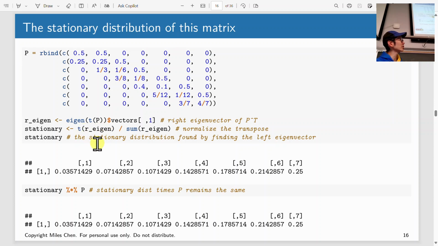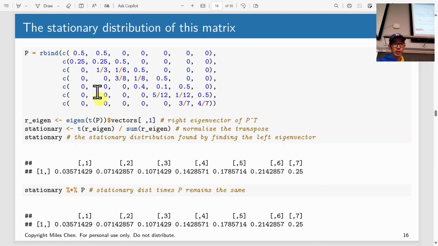So the stationary distribution is I'm going to transpose the right eigenvector, that'll give me my left eigenvector, and then to normalize it, because when you ask for eigenvectors in R, it has a sum of squares equal to 1, but we want the sum to equal 1 itself, so we're going to just divide by the sum of the entire vector.